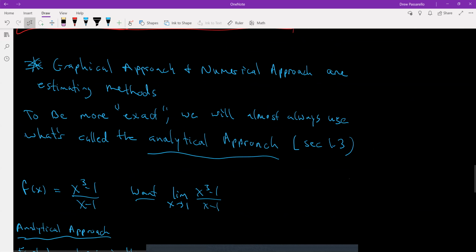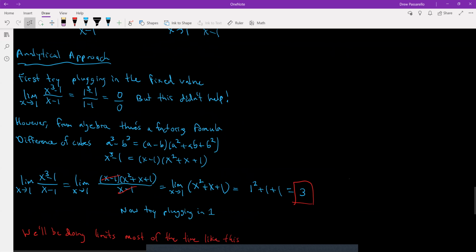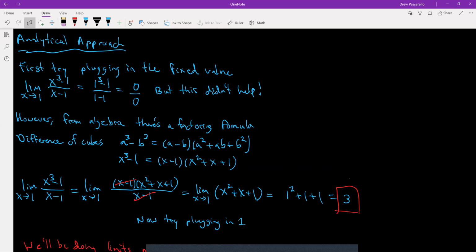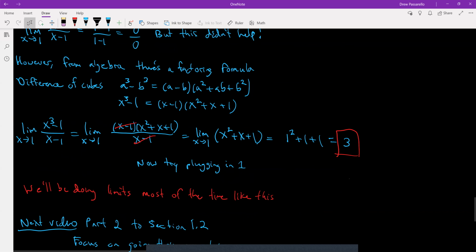So I went ahead and just showed the analytical approach, since this is what we'll be doing 90% of the time. What you try first is plugging in 1, and you get 0 divided by 0, which is an indeterminate form. I can't conclude anything from this, but I can use factoring. That's where the factoring canceled out the common factors, and then I plugged in 1 and I got 3. So this is the more exact way.